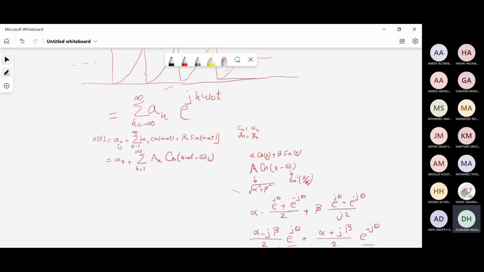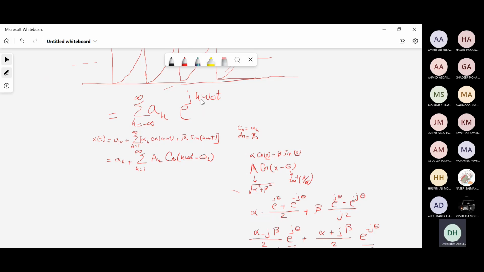What about a0? When k is equal to 0, this term is equal to 1, so it becomes a0, the same thing. So by putting k from minus infinity to plus infinity, we include everything: zero, positive, and negative.